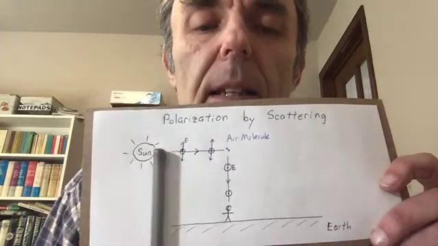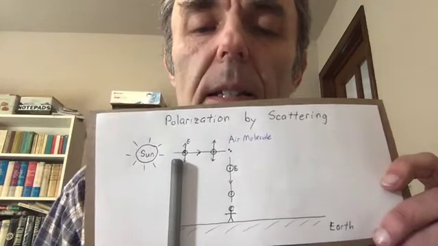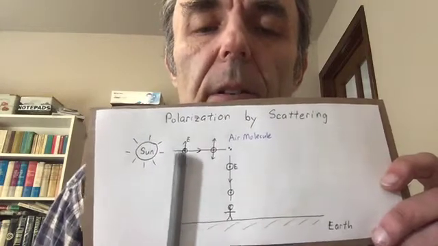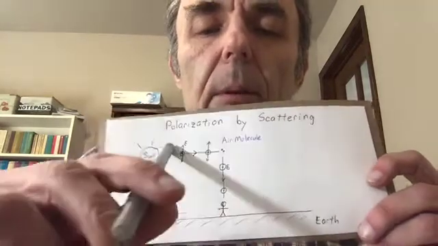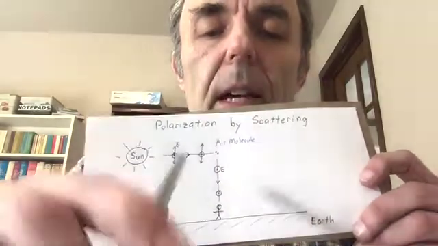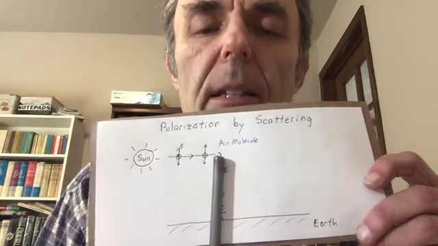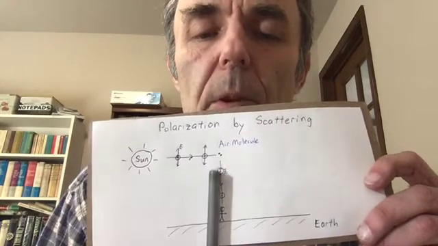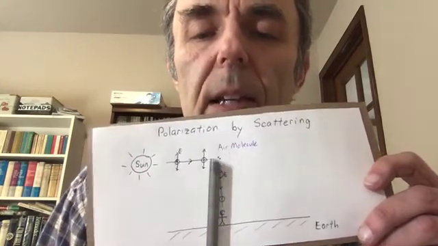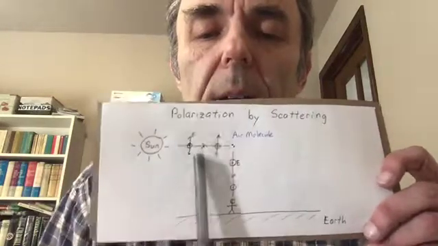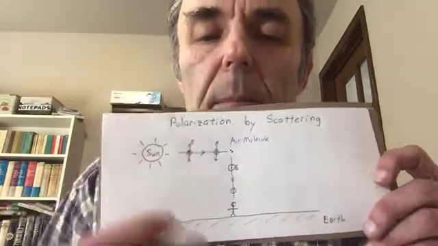It's because the light that comes in is unpolarized. Some of the polarization state is electric fields going up and down, and some of the polarization state is electric fields going into and out of the paper. And it hits this air molecule, and as it hits the air molecule, it causes the air molecule to move. The electric fields accelerate the air molecule. The air molecule is going up and down, into and out of the paper.